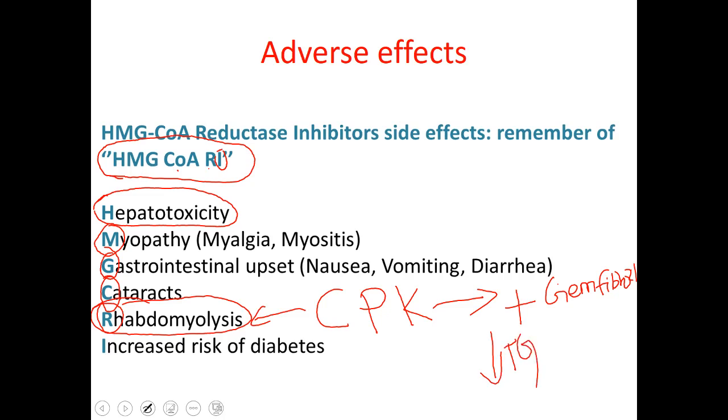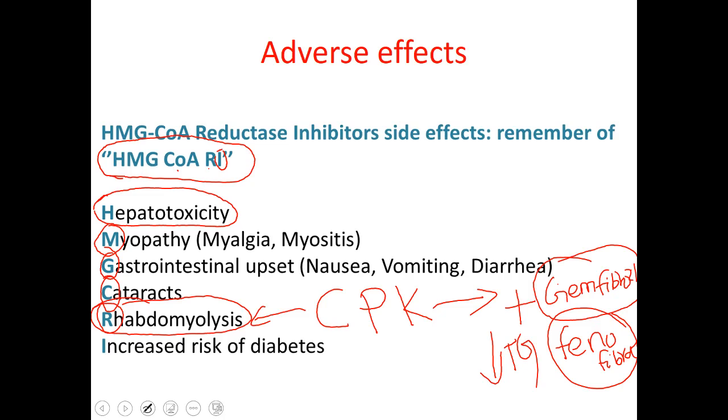So, when you have a patient with mixed dyslipidemia with raised LDL and triglycerides, you may often have to combine a statin with a fibric acid derivative, and if you are using gemfibrozil from the fibric acid class, the risk of rhabdomyolysis myopathy is very high.